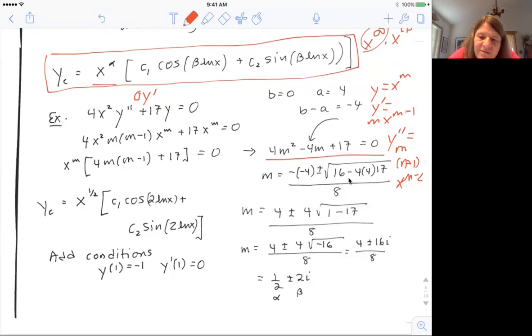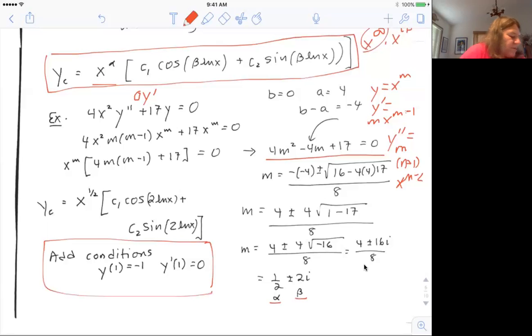If you looked at that number, you'd see you could pull out a 4. You'll wind up with 4 plus or minus 16i over 8. Doing the division there, I get 1/2 plus or minus 2i, which says that alpha is 1/2 and beta is 2.